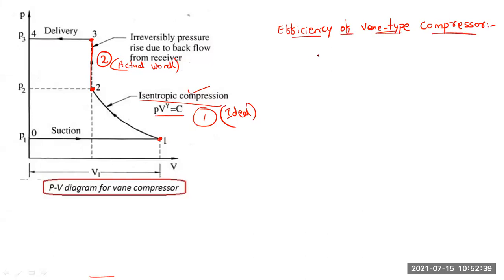The efficiency of a van type compressor is the ratio between the actual work or work input at constant volume and the total work.